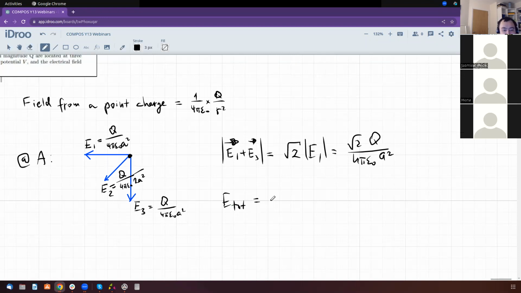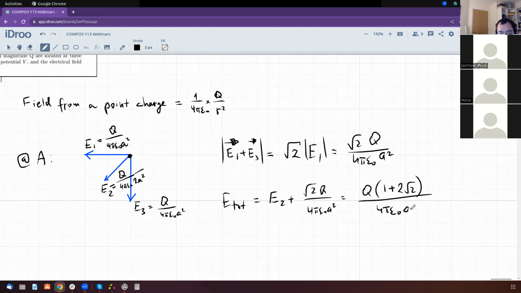You can simply say that's E2 plus this square root of 2 Q over 4 pi epsilon 0 A squared, which is Q times (1 plus 2 square roots of 2) over 4 pi epsilon 0 A squared and a 2, so 8, like this.